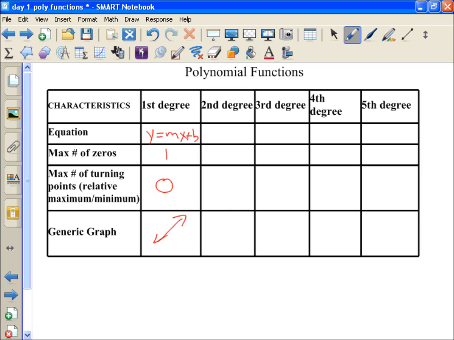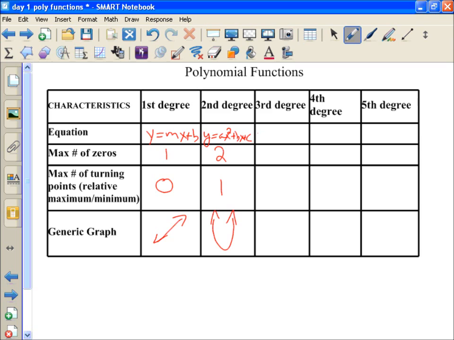A second degree equation, y equals ax squared plus bx plus c. When we draw the parabola, we can have as many as 2 zeros, and we're going to have one vertex, so that's one turning point.